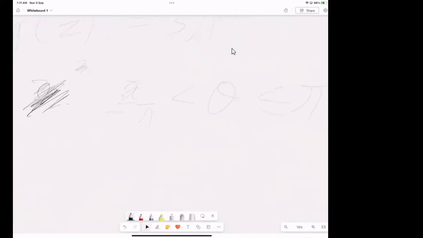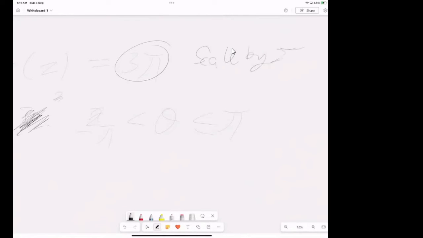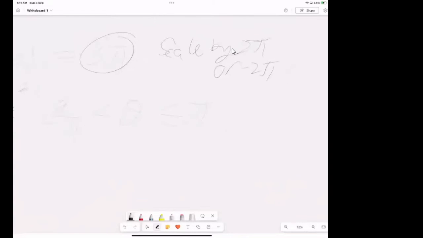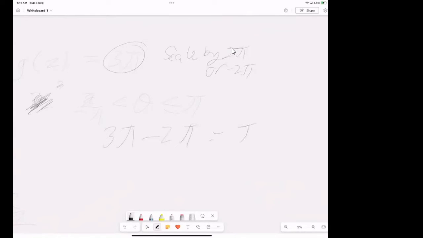So what do we do? If we have a 3 pi here, we want to scale it by pi, 2 pi, or negative 2 pi, depending. So let's just say if we have 3 pi, we want it to be pi, so we minus 2 pi so that it's equal to pi. 3 pi minus 2 pi is equal to pi.